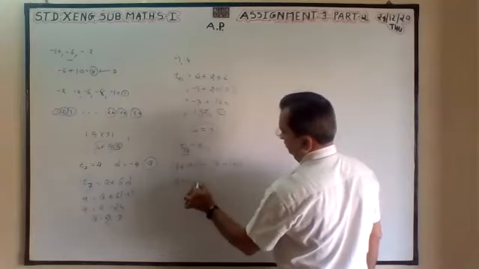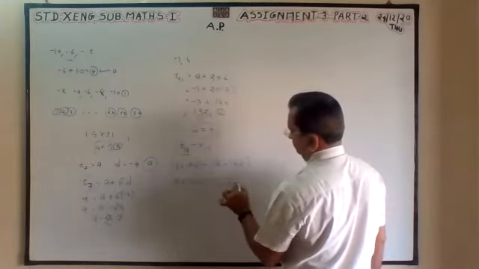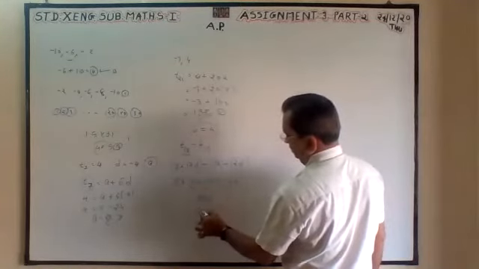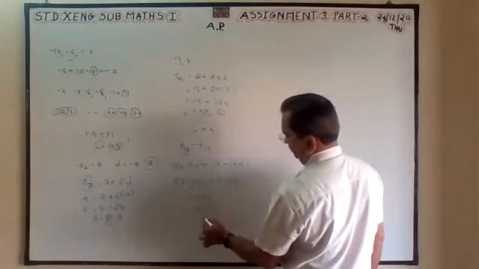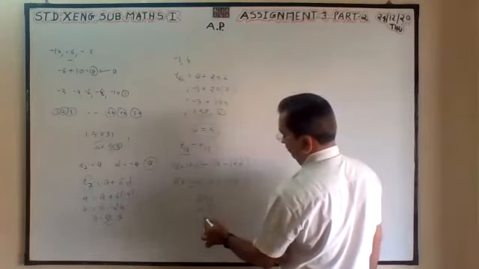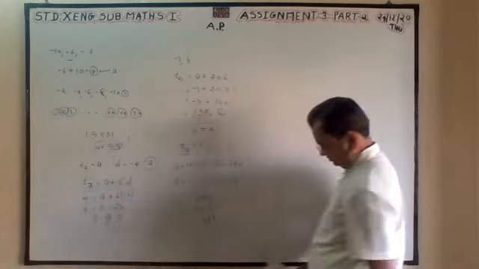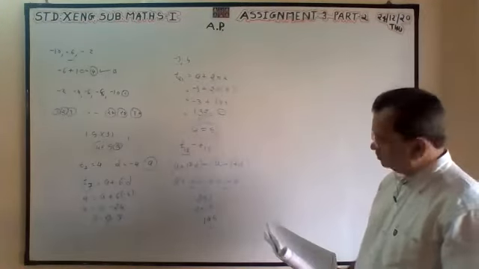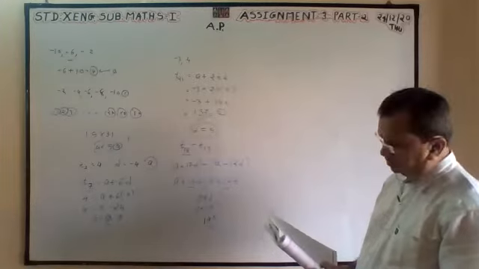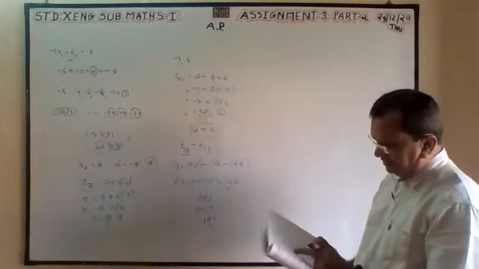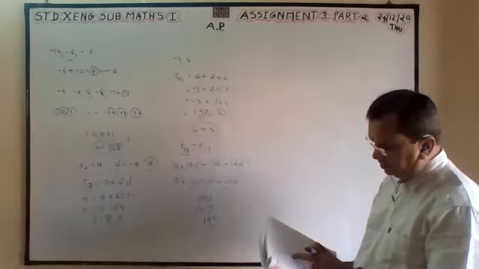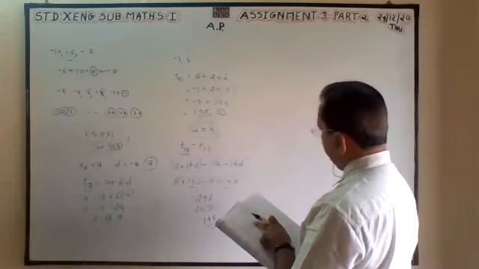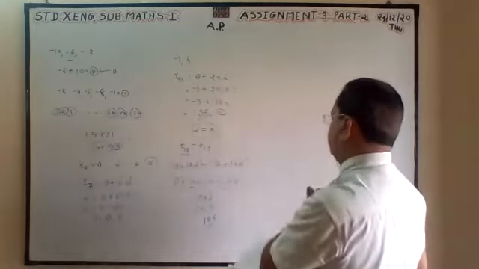So A plus 17D minus A minus 12D. A will cancel, leaving 5D.